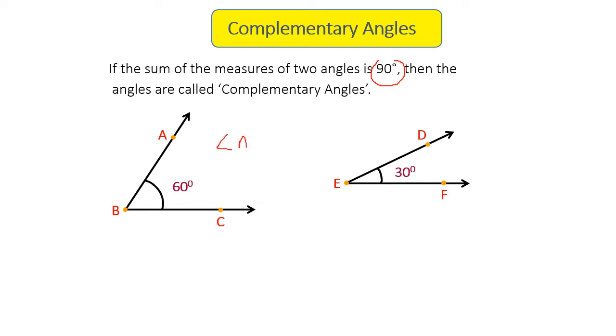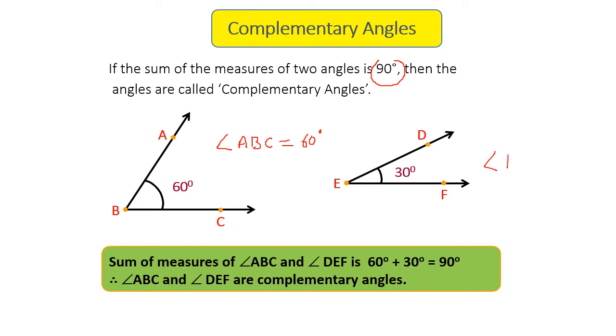Angle ABC is equal to how much? 60 degrees. And in this example, angle DEF, the vertex is written in the middle. Vertex is always written in the middle. So it's called DEF. I can call it FED also. And how much is this angle given? 30 degrees.